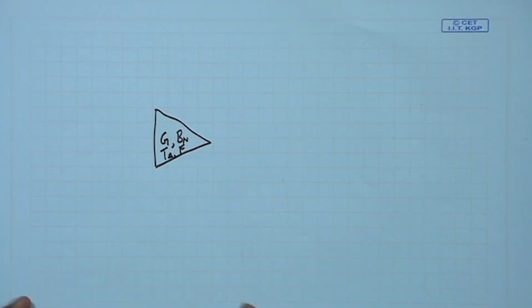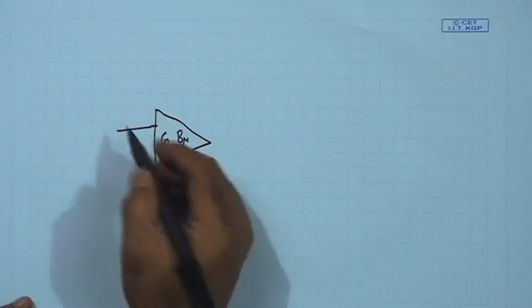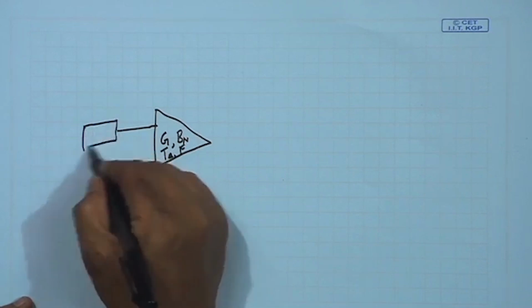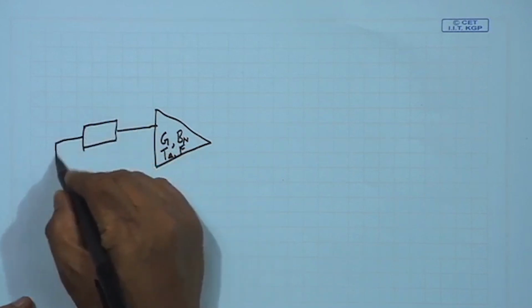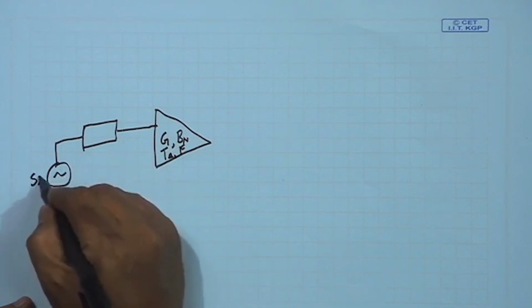When you have the input, obviously the source will have some resistance, and we assume the source itself is a pure thing.